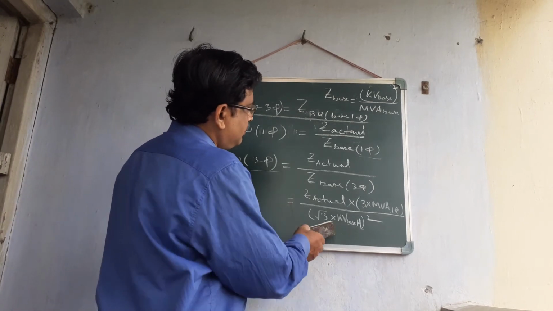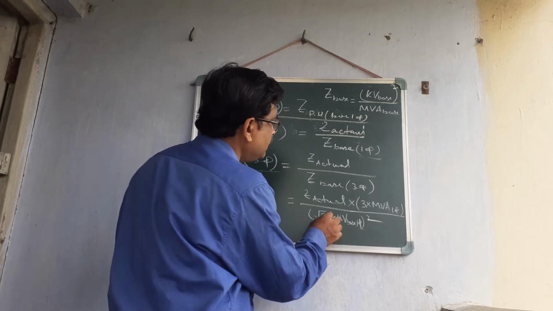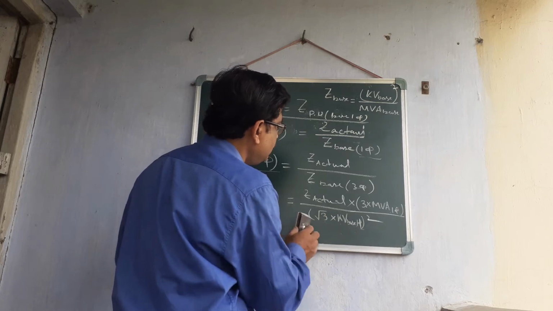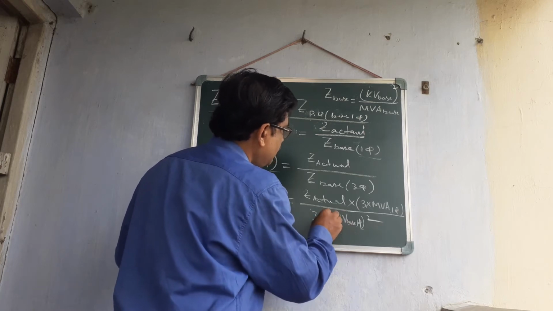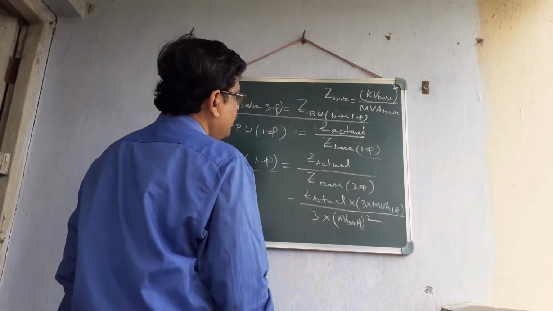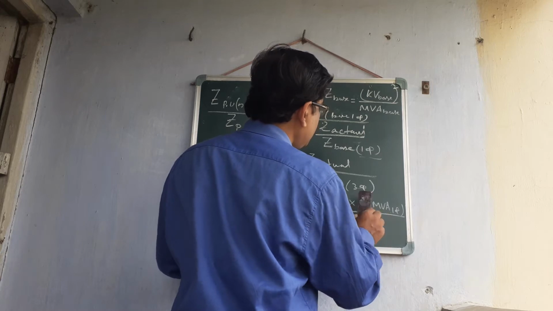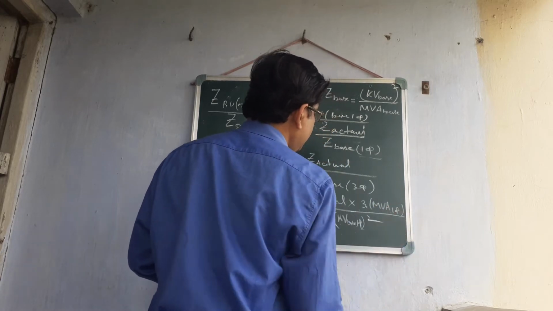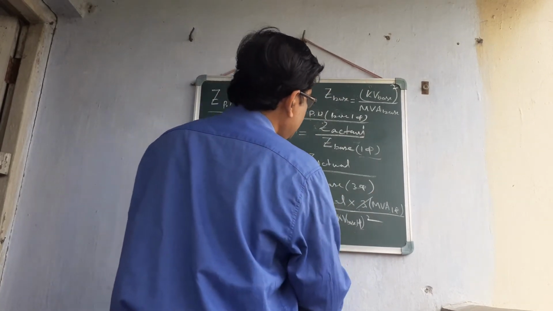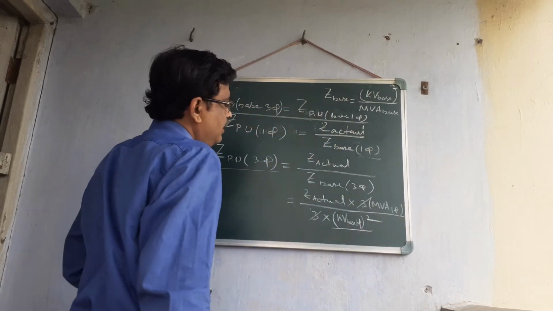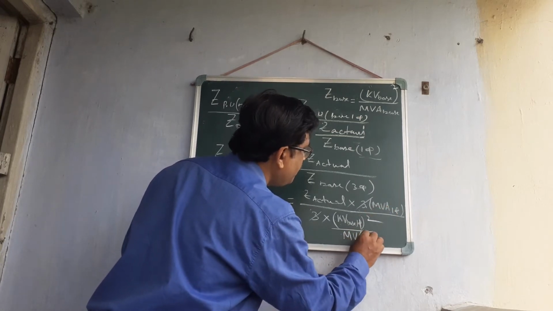And if it comes outside, then it will be 3 into kV base, and if it is converted, then this 3 into like this, and 3 will be cut, and then kV base square by MVA base single phase.